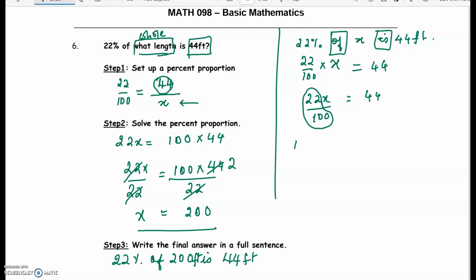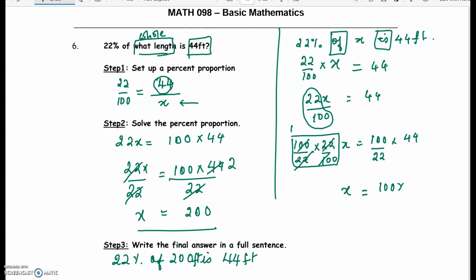What we could do is multiply by the reciprocal. 100 over 22 times 22 over 100 x equals, do the exact same thing on the right. We multiplied the left side by 100 over 22. We multiply the right side by 100 over 22 as well. We cancel common factors here, and you see the whole point, that becomes a 1, and we got rid of the entire fraction, 22 over 100, by multiplying both sides with the reciprocal. And we get the exact same answer.